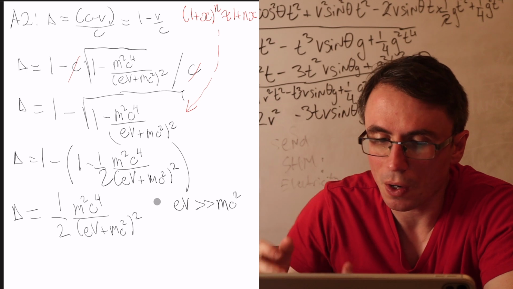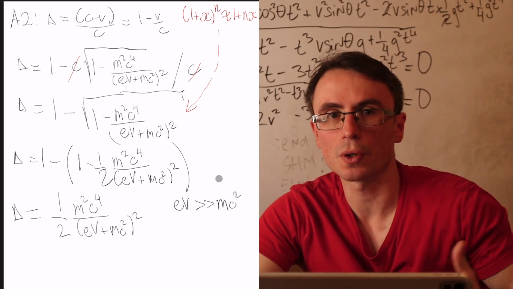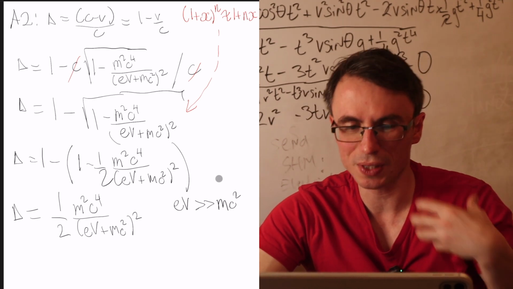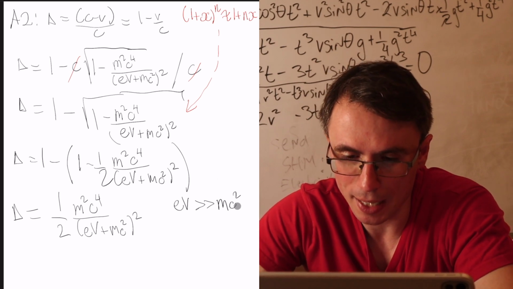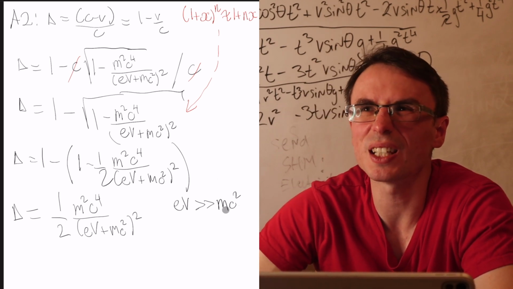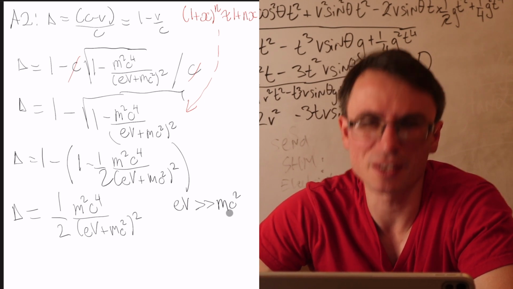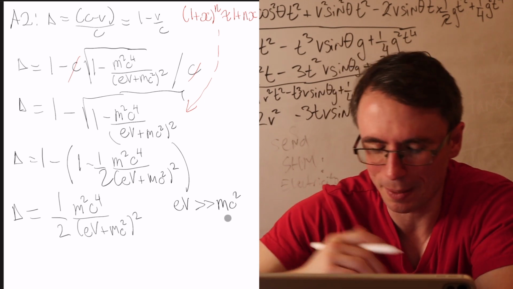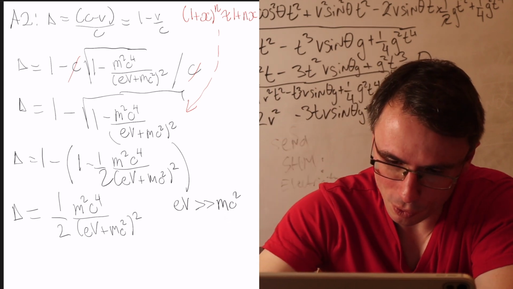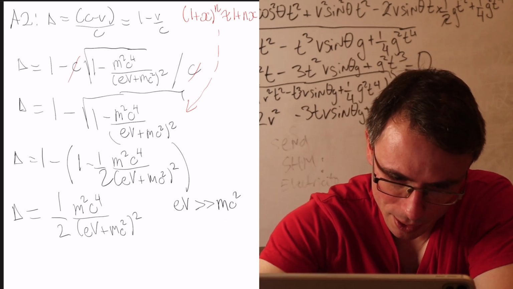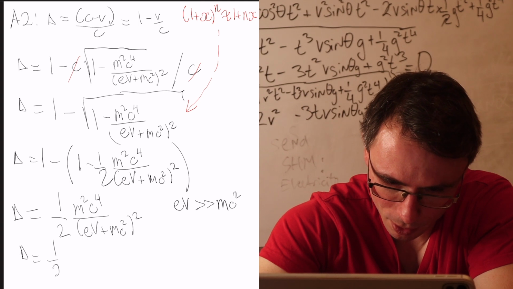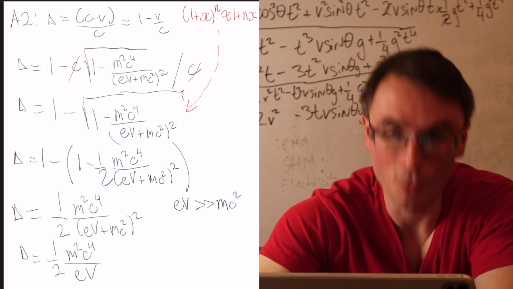The energies of these electrons are of the order of giga-electron volts, tera-electron volts, and mc squared, mass of the electron multiplied by the speed of light squared, is going to be a much smaller number in comparison. Okay, so because of that, we can say that delta is going to be equal to a half m squared c to the power 4 over ev.